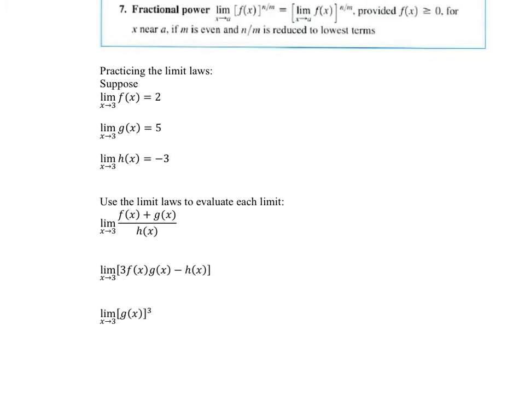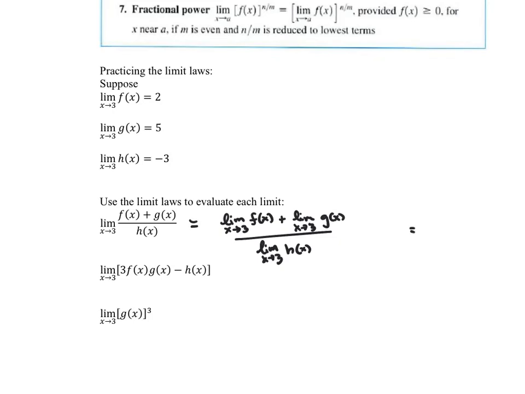So if I were to look at this first limit, what I could do is take the limit as x approaches 3 of f of x and add it to the limit as x approaches 3 of g of x using the sum rule from above, and then the quotient rule by taking the limit as x approaches 3 of h of x, which of course would lead us to the following.